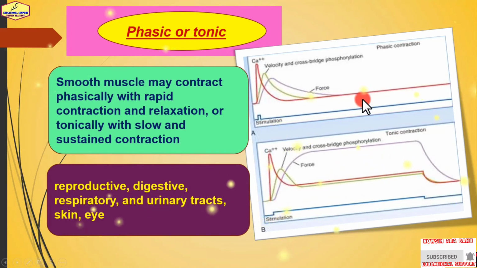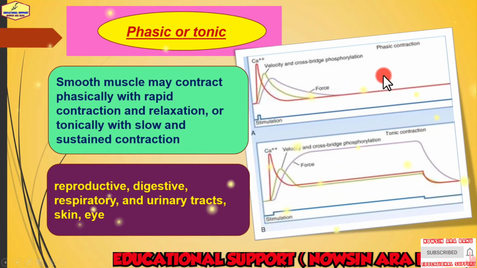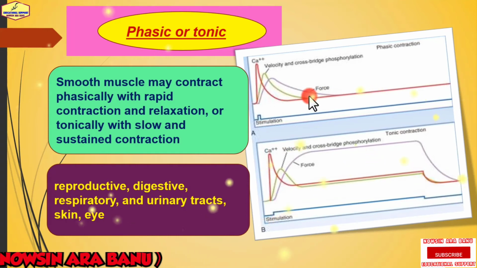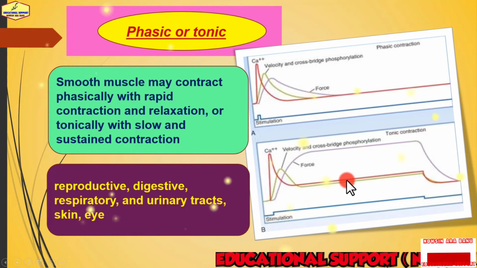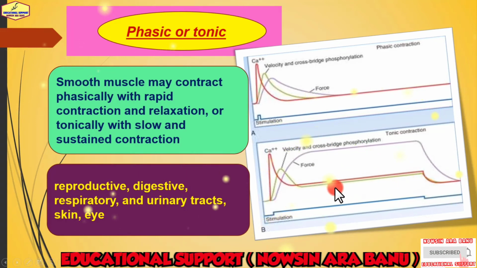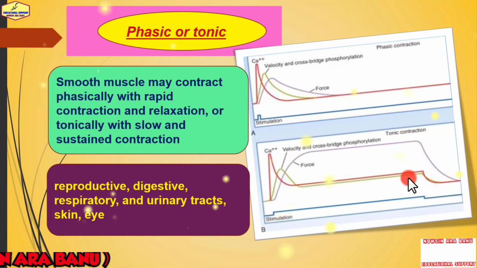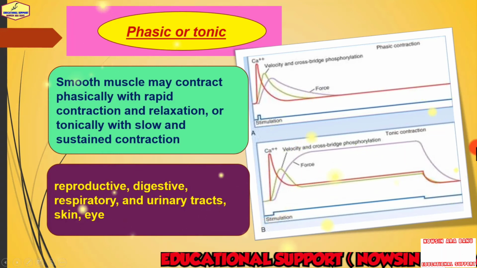This picture represents phasic contractions followed by relaxation, such as in the gastric antrum, small intestine, and esophagus, but tonic contractions are maintained without relaxation, such as in the stomach, lower esophagus, ileocecal valve, and internal anal sphincter.